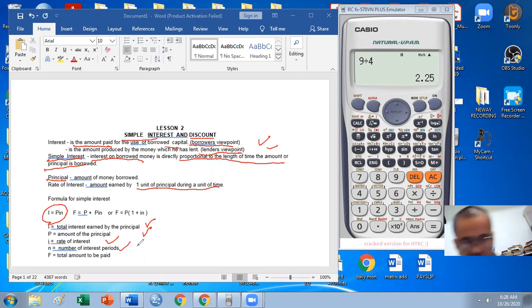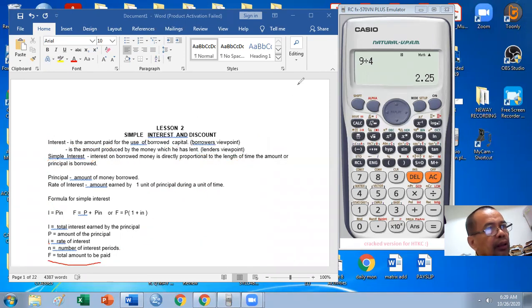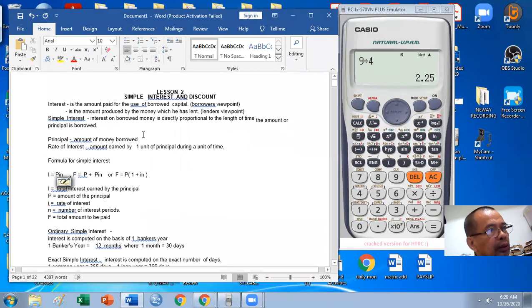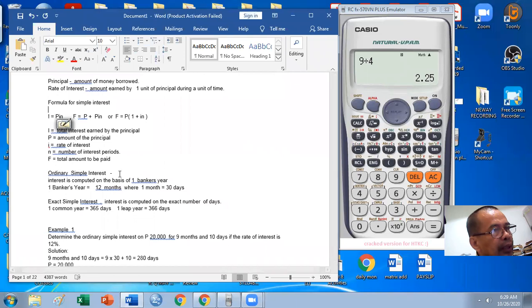So remember, this is the number of interest periods, which is the number of years. If it is given in months, you need to convert it to years. And F is the total amount to be paid. Okay? So these are the two kinds of interest.